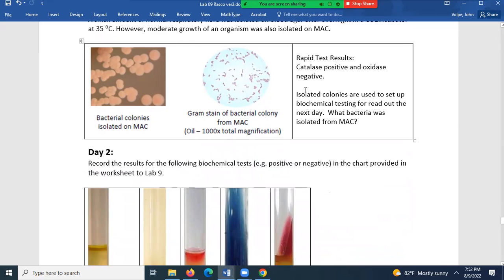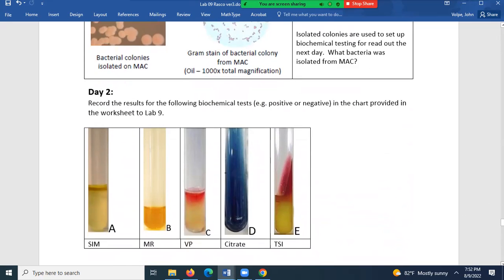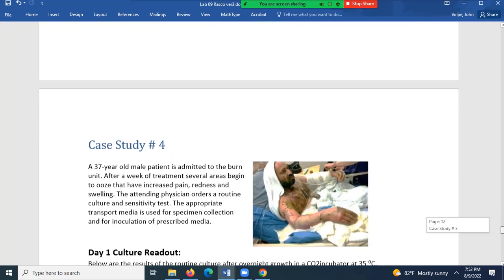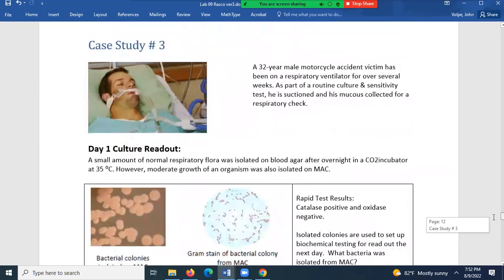We did the rapid tests, catalase positive, oxidase negative. We then took isolated colonies and set up these tests: the SIM test, the MR test, the VP test, the citrate test, and triple sugar iron. So identify the bacteria that's growing in case study 3.